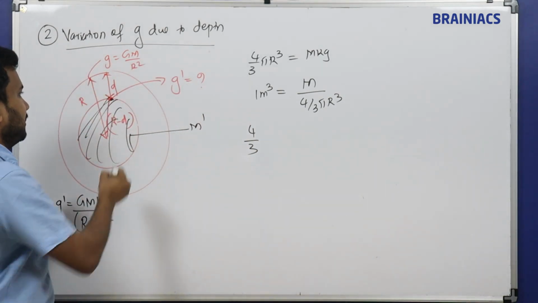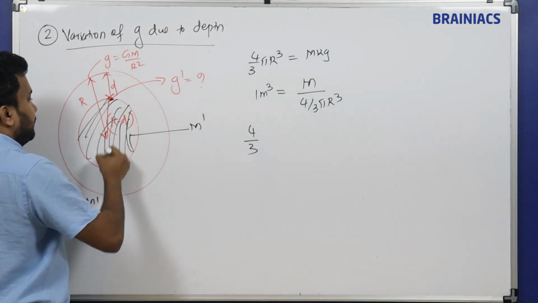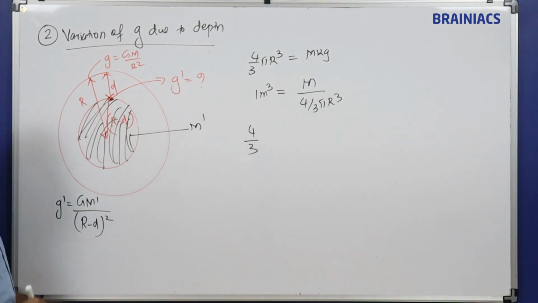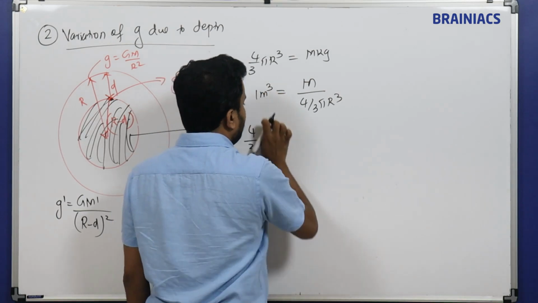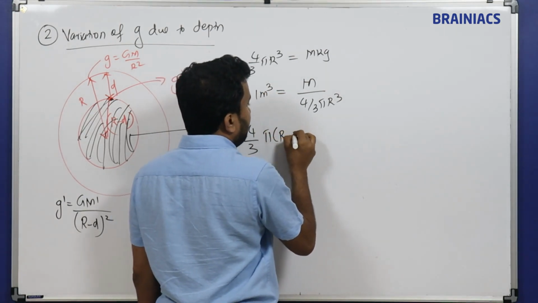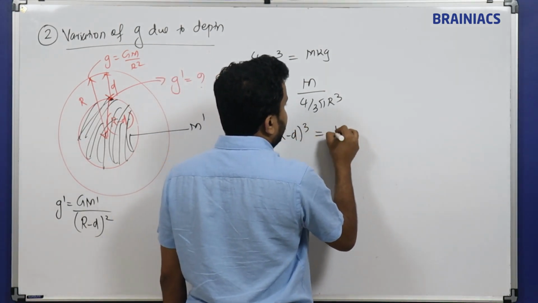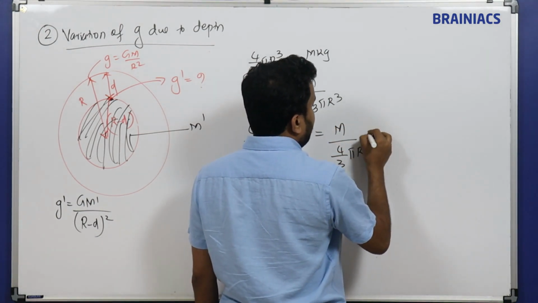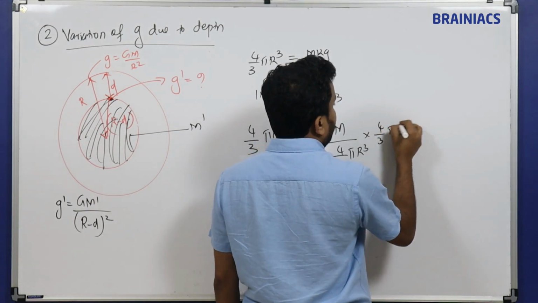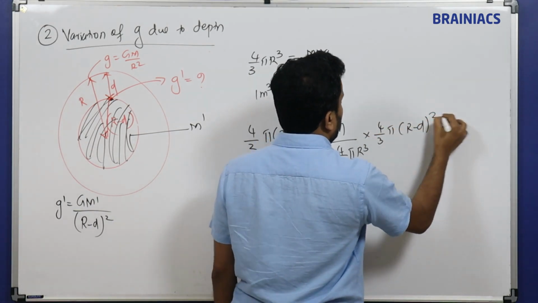So r minus d will have 4 by 3 into pi into r minus d the whole cube volume, so the mass is M divided by 4 by 3 pi r cube into 4 by 3 pi into r minus d the whole cube.